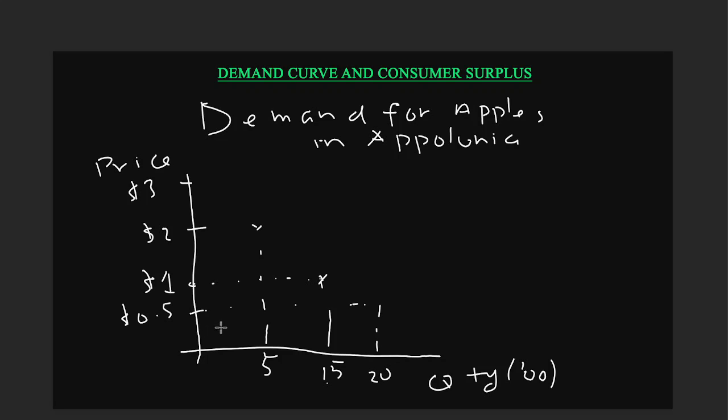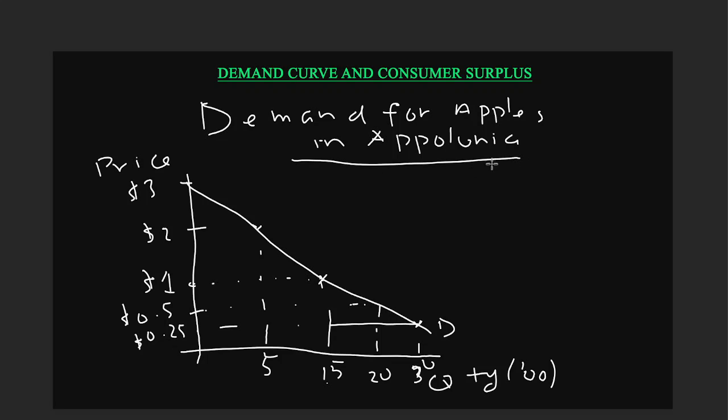And finally, at a price of a quarter, 0.25, quantity demanded is 30. Okay, so we join all the points, we get our demand curve for apples in our fictional town of Apollonia.